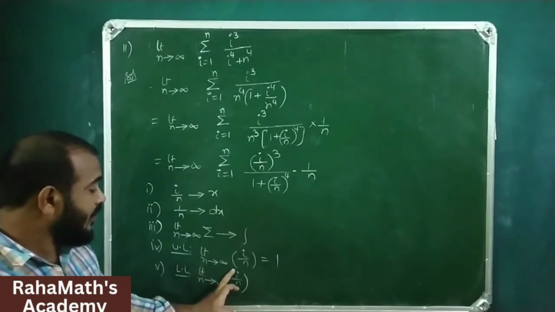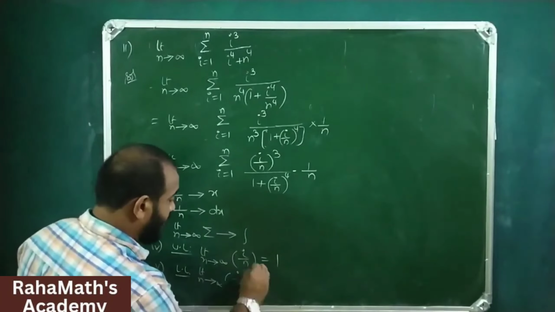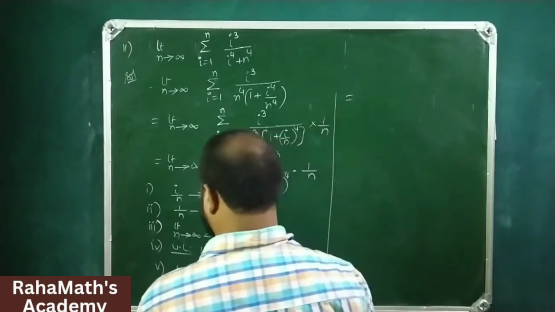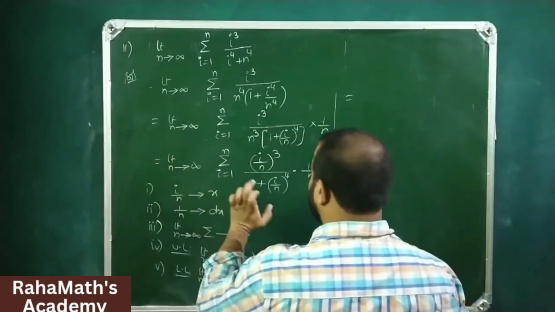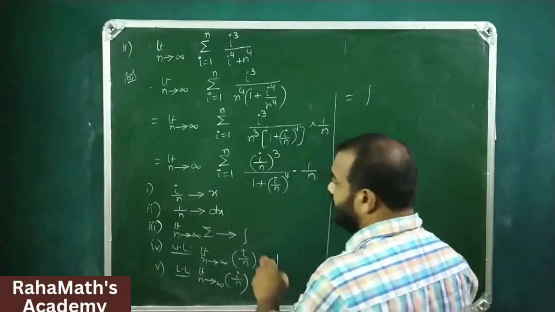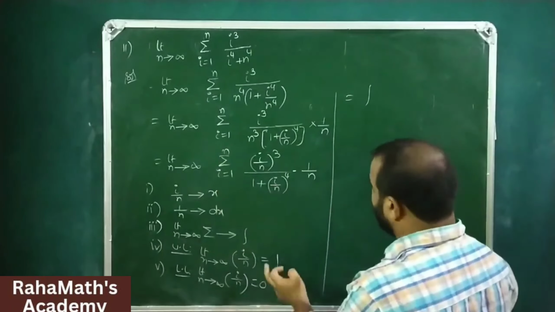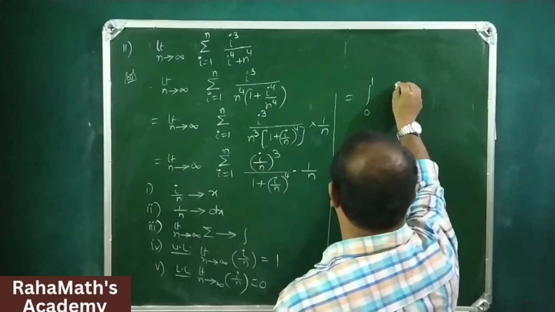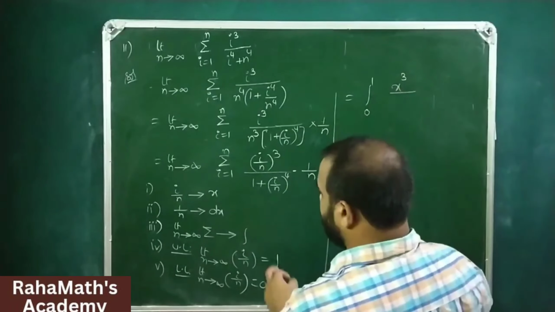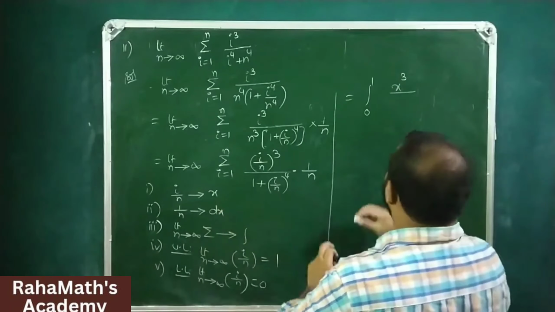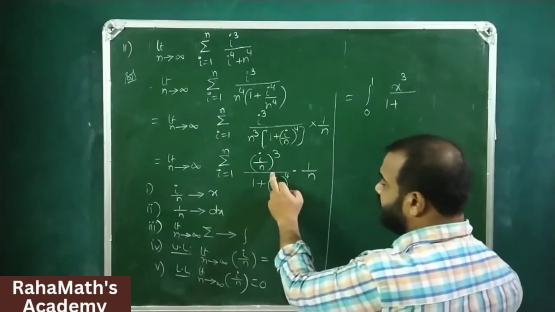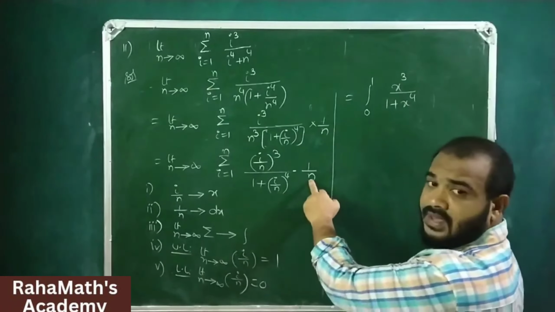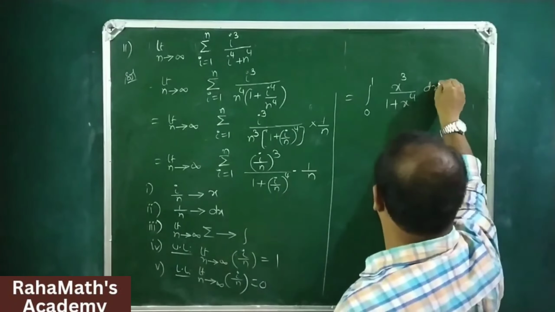The limit as n tends to infinity of 1 by n is 0. So everything we have is the integral from 0 to 1 of x cube, because i by n is x, by 1 plus x power 4, into dx, since 1 by n is dx.